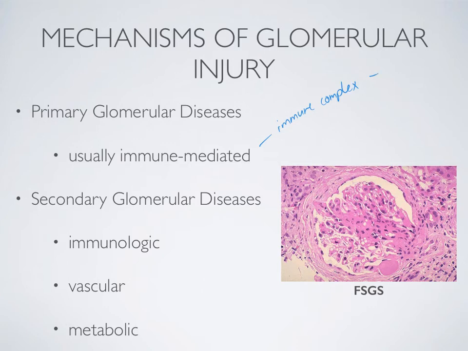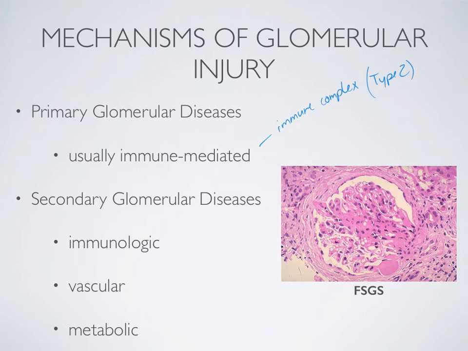Type 3. So it's antibodies binding to antigen as they're circulating in the body, and then they get deposited. They can get deposited in blood vessels anywhere throughout the body. And if they're deposited in the blood vessels of the glomerulus, then they're going to cause glomerular disease.